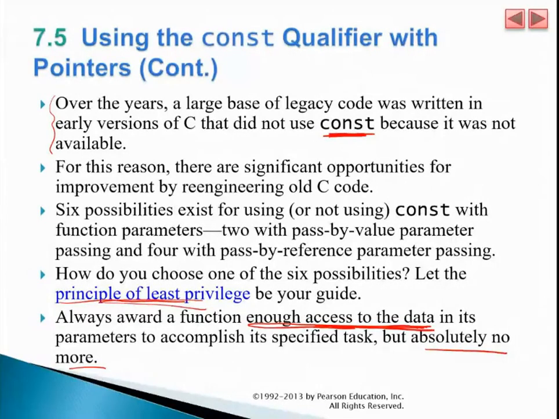There are many projects going on whose aim is just to convert the already available software into modified software which will have significant opportunities of improvement, using this constant qualifier.